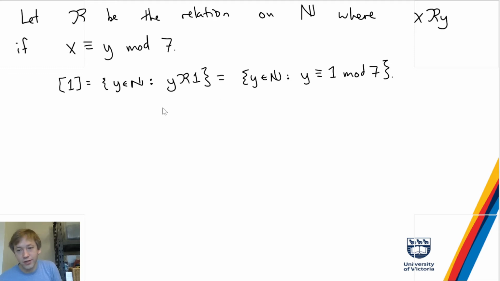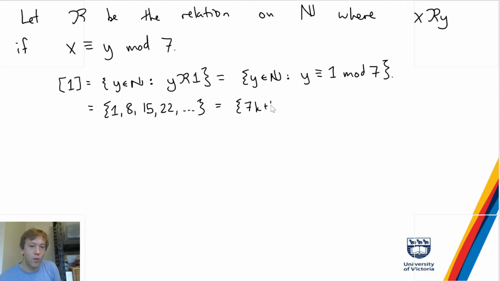Which of course is just the set of all numbers containing 1, 8, what's next? I guess 15, 22, and so on. So it's the set of all numbers of the form 7k plus 1 such that k is a natural number. Actually, k is either a natural number or 0.